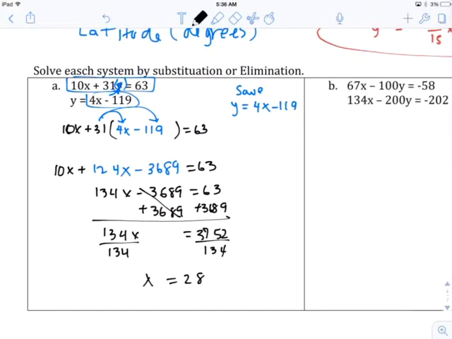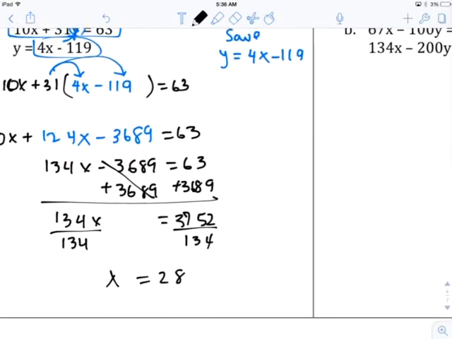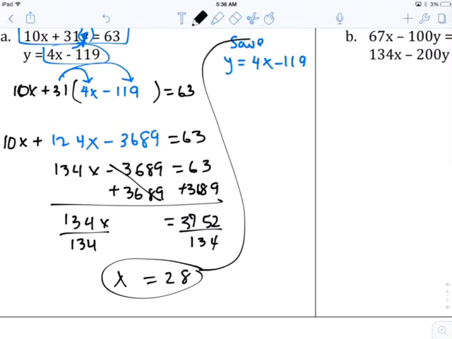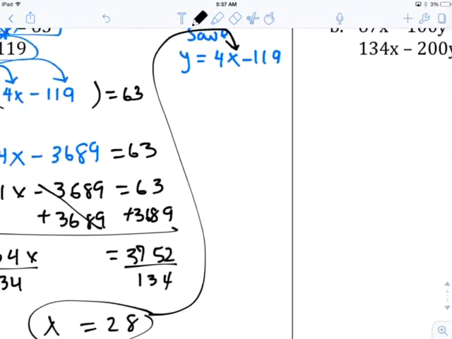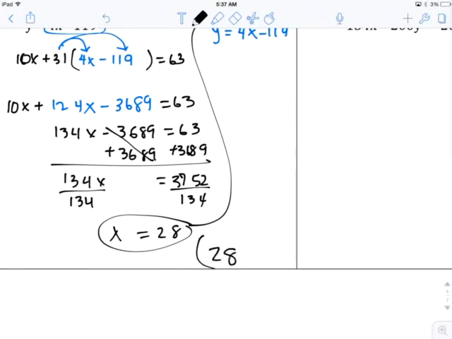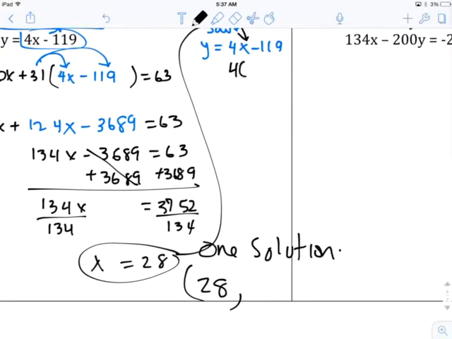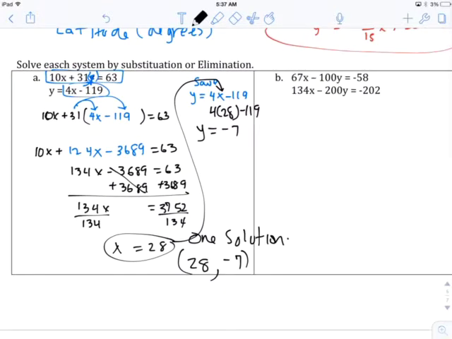X has no meaning here, so we don't have to worry about that. Substitute this into that right there. They're going to meet at, we need to find y, 4 times 28 minus 119, which gives you -7. The two lines will meet at 28 and -7.